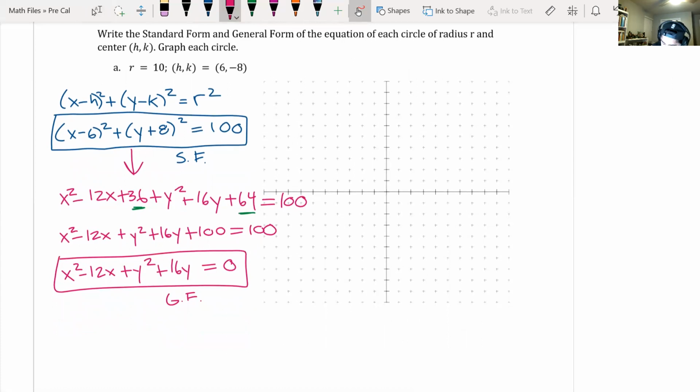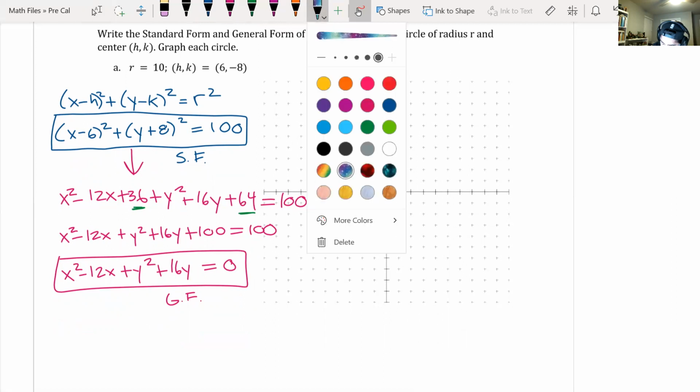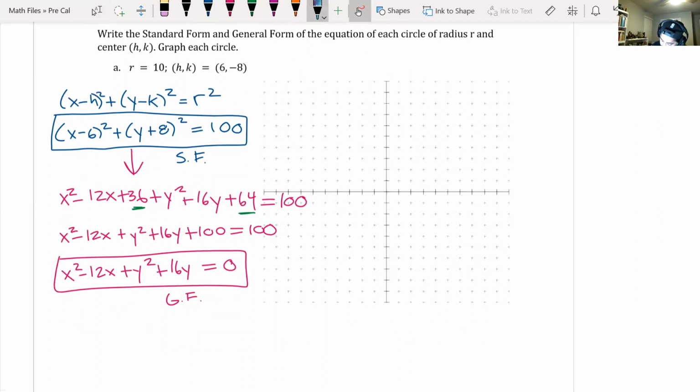So let's do it again. Make that smaller. All right, 6, 1, 2, 3, 4, 5, 6, and negative 8, which is there. And from that point, our radius is 10. So you'll go left 10, up 10, down 10. Oh, yeah. So it's going to go off the paper, but all good.